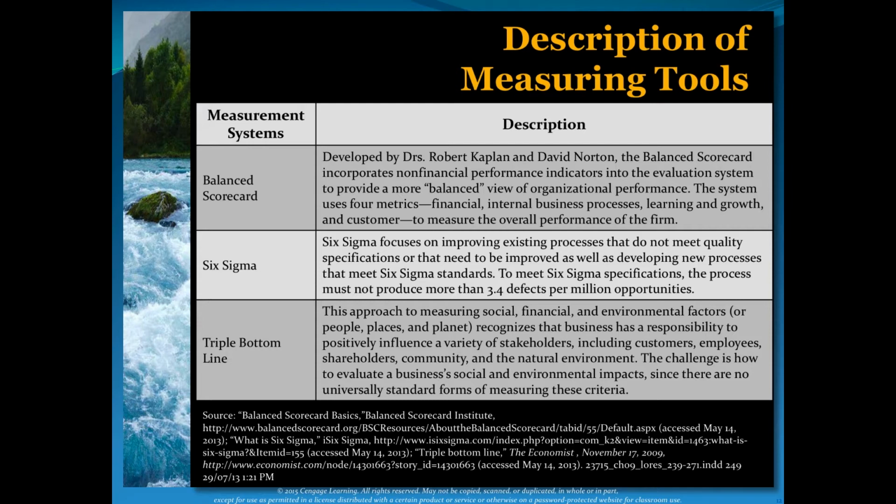And then the last one here, the triple bottom line, is an approach used to measure social, financial, and environmental factors, or basically people, places, and planet. It recognizes that business has a responsibility to positively influence a variety of stakeholders.